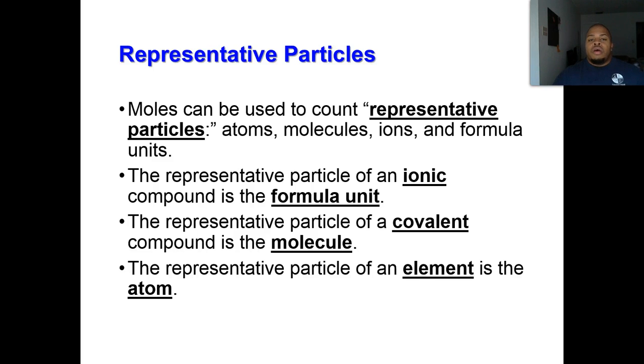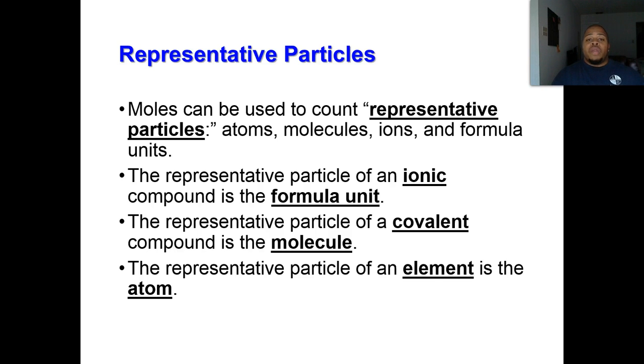Now, the representative particles that can be represented in a mole that we usually deal with are atoms, molecules, ions, and formula units. Each of these we've dealt with before. The representative particle for an ionic compound, you guys should actually be able to tell me this one, would be a formula unit. The representative particle for a covalent compound is going to be a molecule, and the representative particle for an element, of course, an atom.